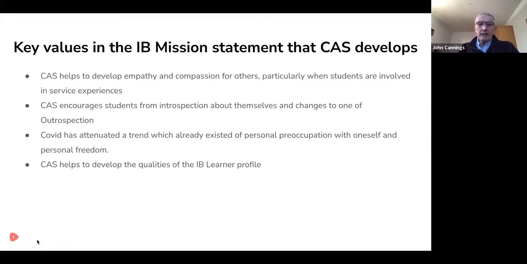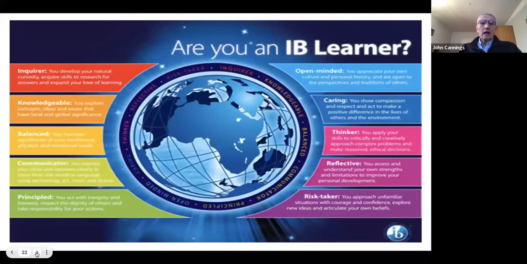If we just have a look at those qualities now, all 10 of them, I believe that all of these qualities are evident when a student is doing good CAS. And it's worth thinking about how well we as CAS coordinators help to mentor and develop these qualities in each of the students.